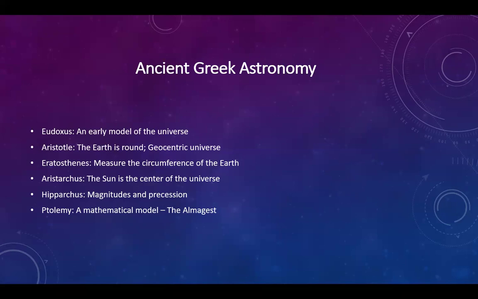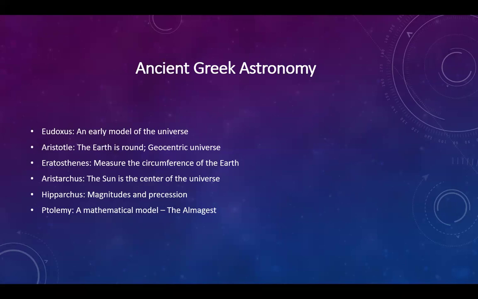Aristotle was able to show the Earth was round by looking at the shadow of the Earth on the moon during lunar eclipses, and also proposed the model of a geocentric universe with the Earth in the center and everything else orbiting around it in perfect circles, because he really liked circles. Eratosthenes was able to measure the circumference of the Earth by looking at shadows on a specific day, and he was correct within a few percent, which is honestly pretty impressive.